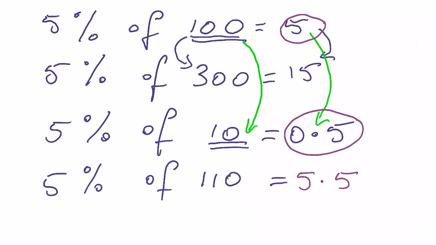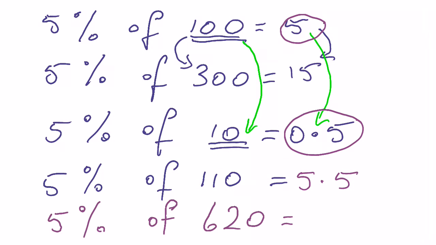So let's do another one without a calculator, just to show we can do this. So I want 5% of 620 now. So let's go back to my black. What I'm going to do is use, first of all, this value.